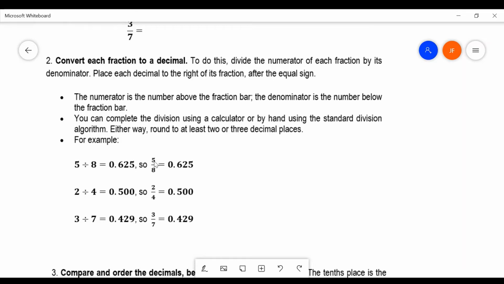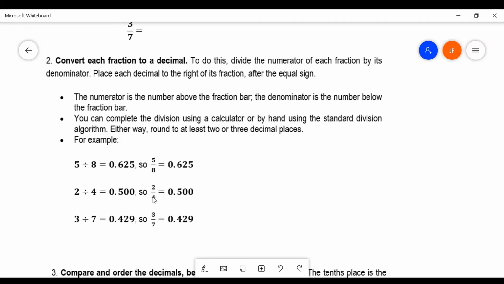So 5/8 is equal to 0.625 or 625 thousandths. 2 divided by 4 is equal to 0.500, or properly read as 500 thousandths.